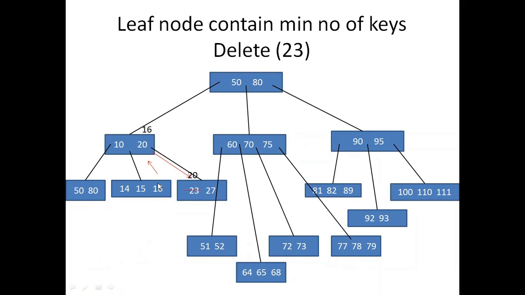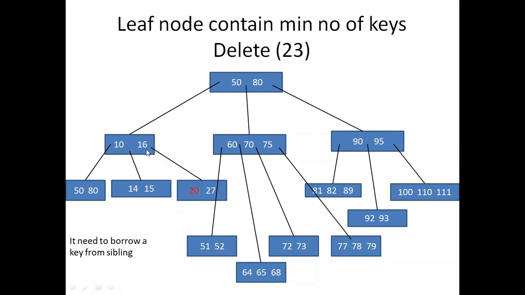So this 16 will go in place of the parent, and 20, which is at the parent place, will now come here in place of 23. After this change, if you see your tree, it will look like this.